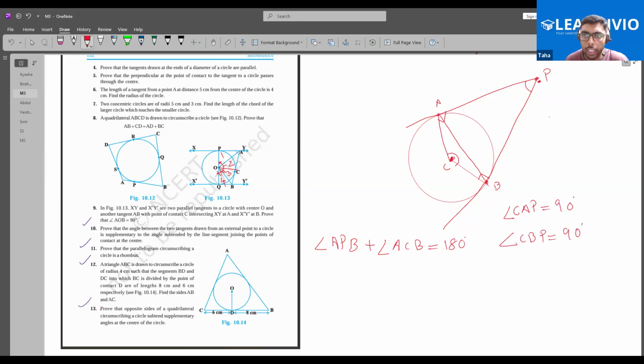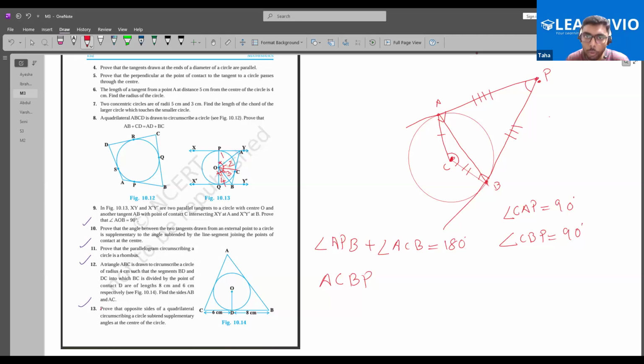If these two are 90 degrees, then we need to understand that this is forming a quadrilateral, ACBP. This is one side, this is the second side, this is the third side, and this is the fourth side. Inside this quadrilateral, angle CAP is 90 degrees and angle CBP is 90 degrees.